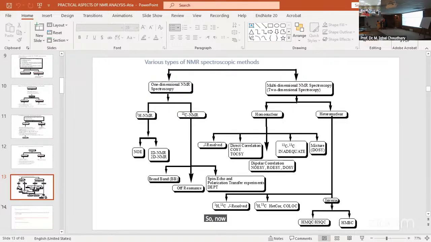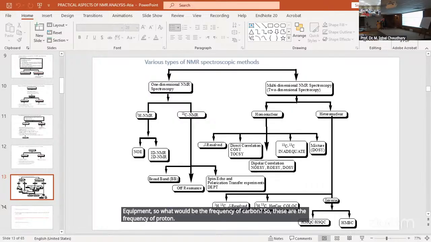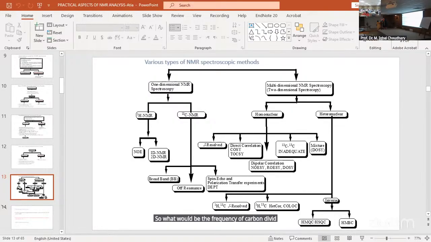Now, the question is, when there is 800 megahertz or 600 megahertz or 400, whatever equipment, what would be the frequency of carbon? These are the frequency of proton. So what would be the frequency of carbon? Divide by 4.